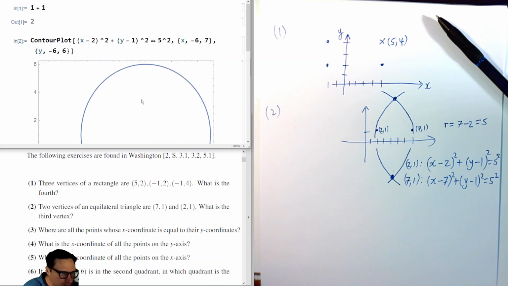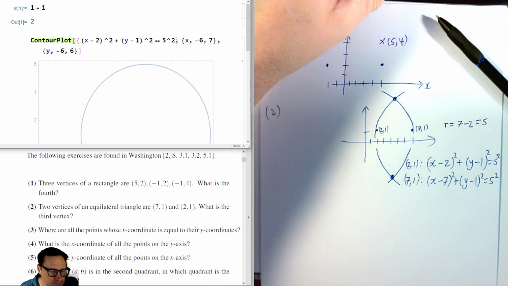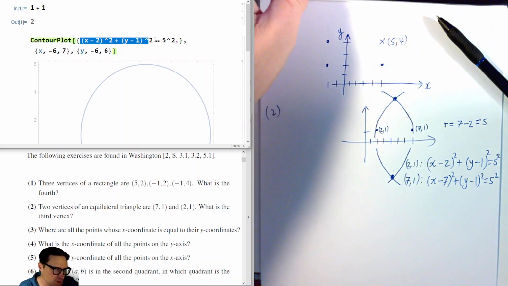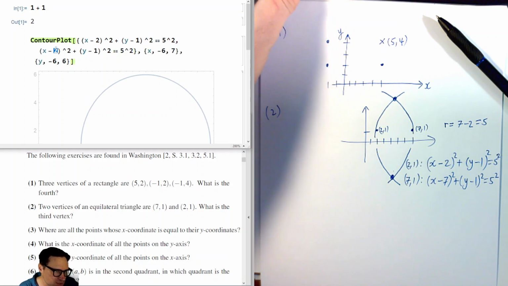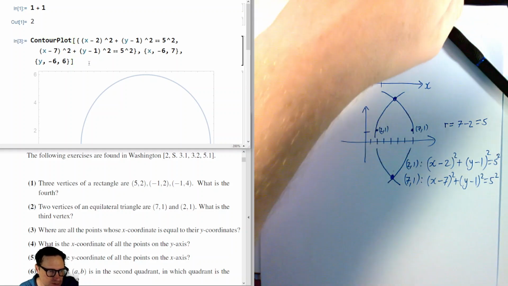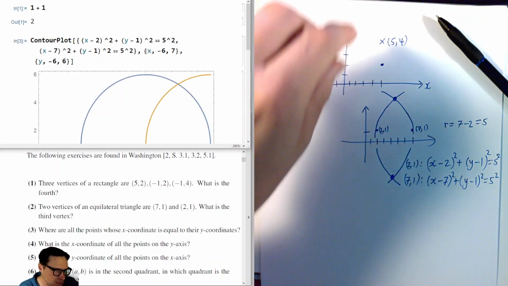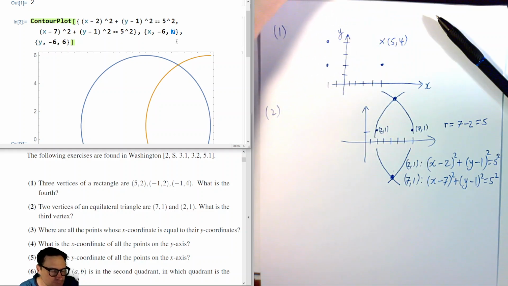Now, let's add to that another circle as in the other one. So I'll copy and paste. And the difference here is the x minus 7 rather than x minus 2. Okay, and so let's go a little bit wider in the x coordinates so we see all of that.